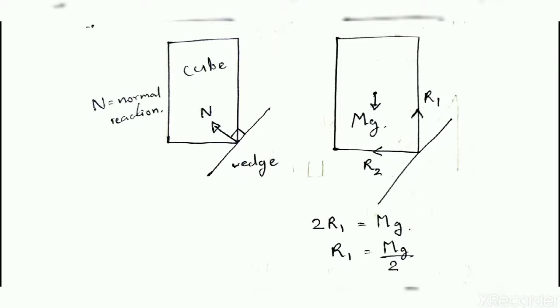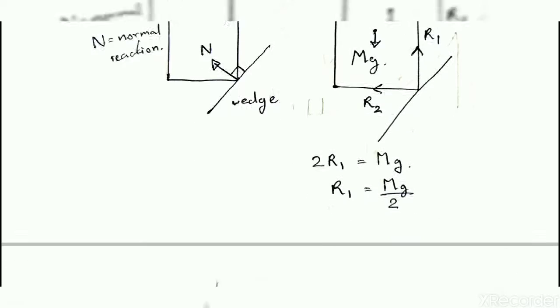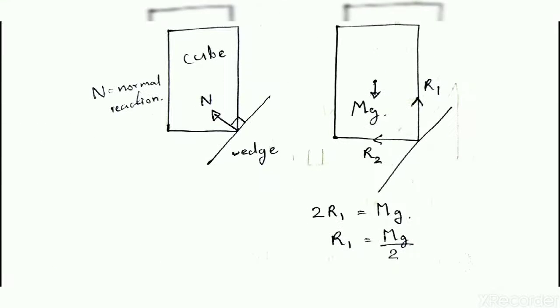Since these are right angles and the system given in the sum is symmetrical, R1 and R2 will have a 90 degree angle between them. R1 is upward and R2 is towards the left. The central line and R1 will have a 45 degree angle, and the central line and R2 will also have a 45 degree angle.